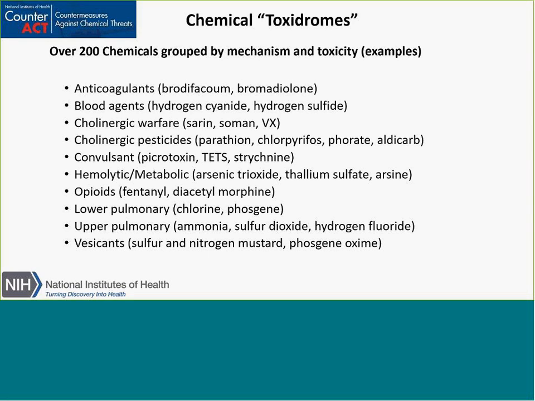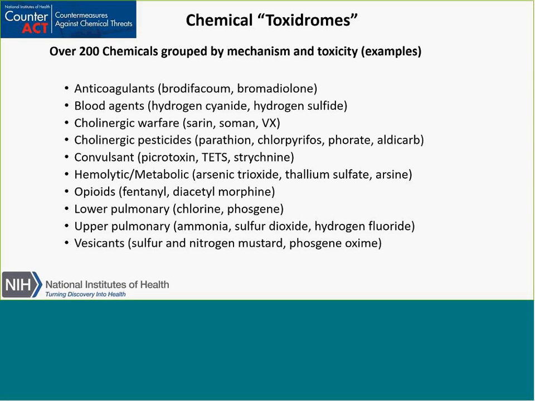What is helpful, and is not included in our funding announcements, is our list of toxidromes. We have grouped chemicals on the list based on their mode of action. This gives you an idea of the kinds of chemical threats, but countermeasures developed for one chemical may also be effective for another chemical threat in that category.